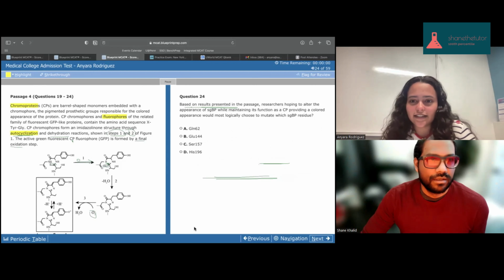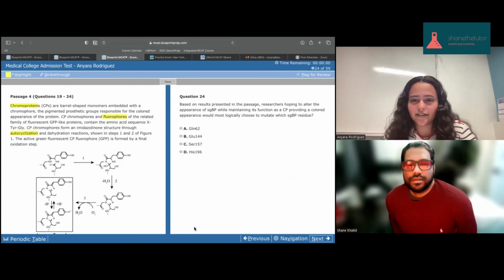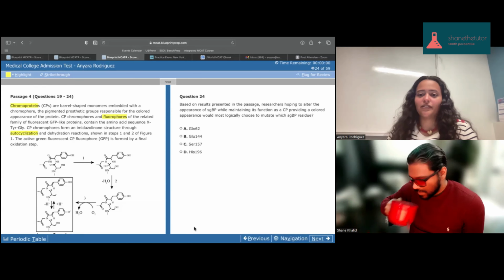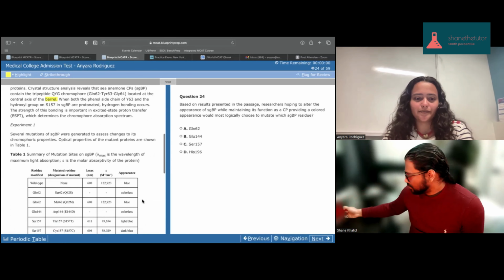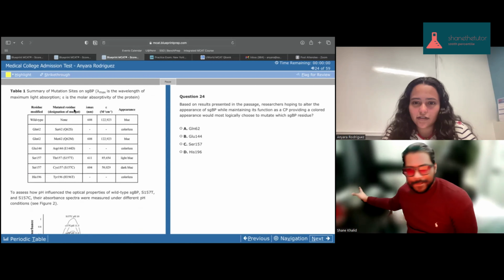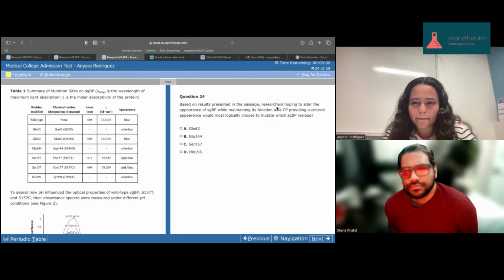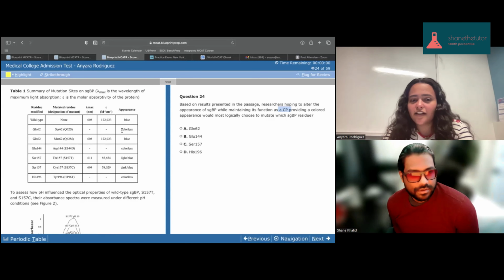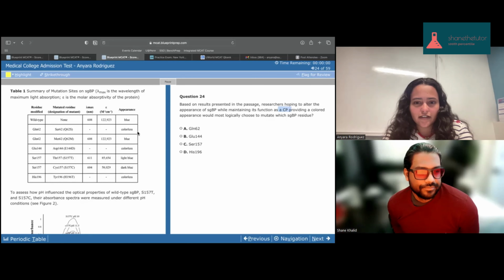Based on results presented in the passage, researchers hoping to alter the appearance of SGBP while maintaining its function as a CP, providing a colored appearance, would most logically choose to mutate which SGBP residue? Analyzing this chart, maintaining the function, definitely none of the colorless ones. So A would be out.